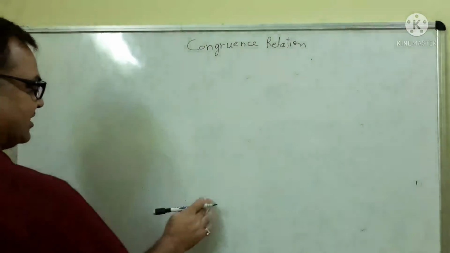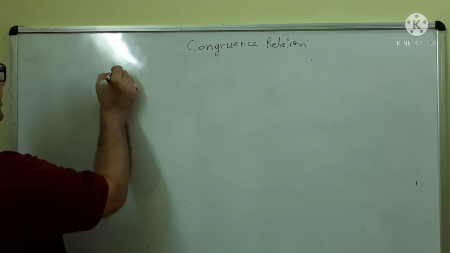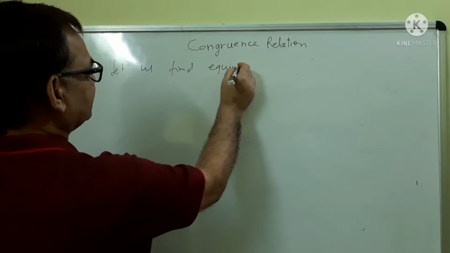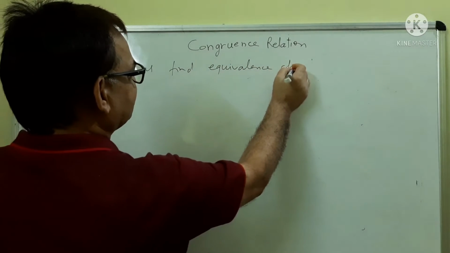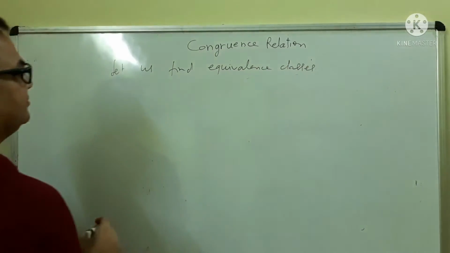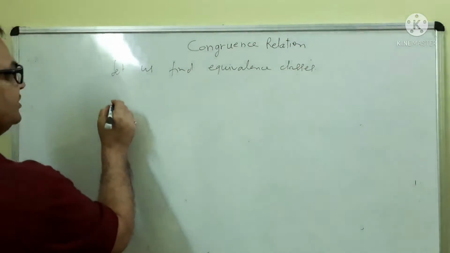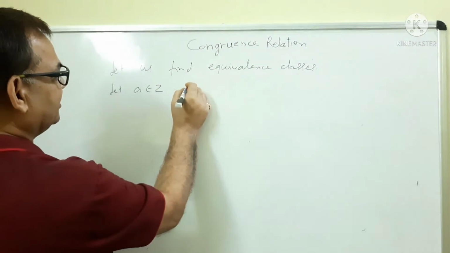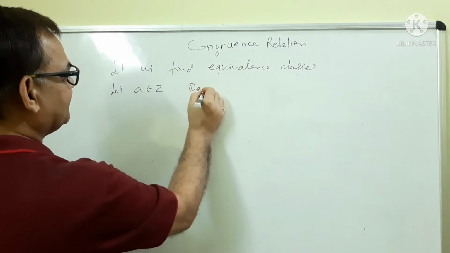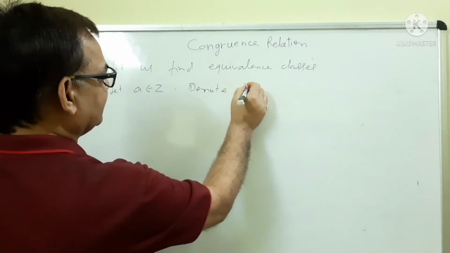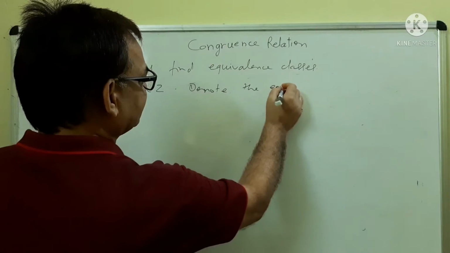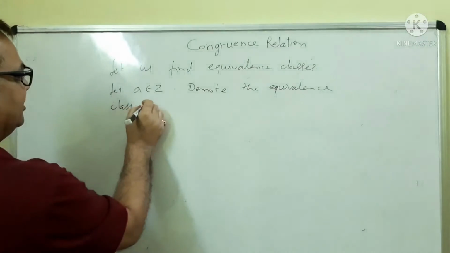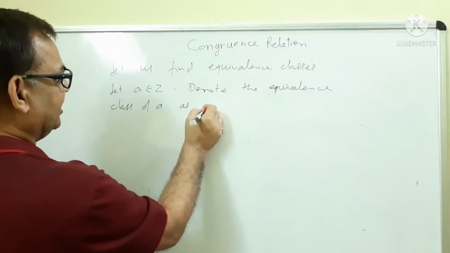Now let us find equivalence classes. Let a belong to Z. Denote the equivalence class of a as a bar.